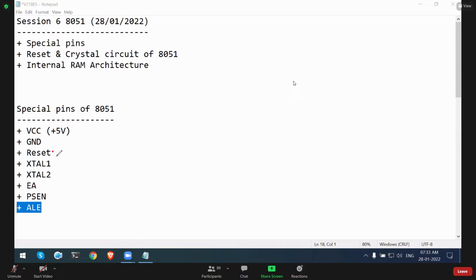Now we will discuss the reset pin, crystal 1 and crystal 2. We will not discuss EA, PSEN, ALE because these 3 pins are used for external memory interface. So we will go with the reset pin and crystal pins.